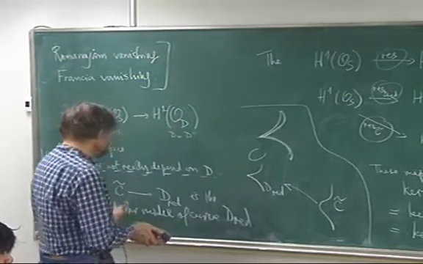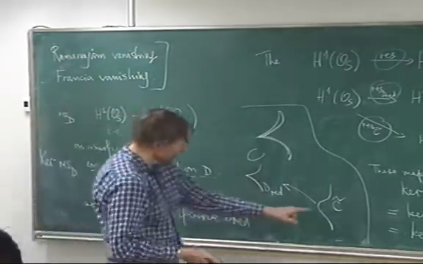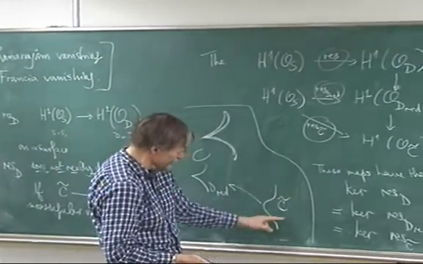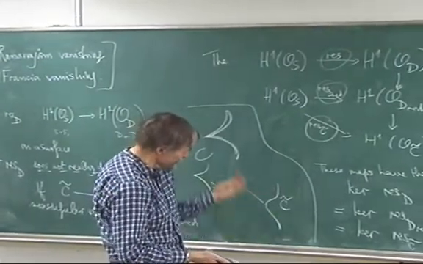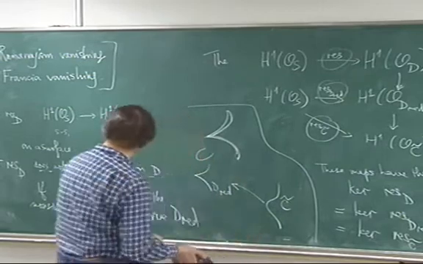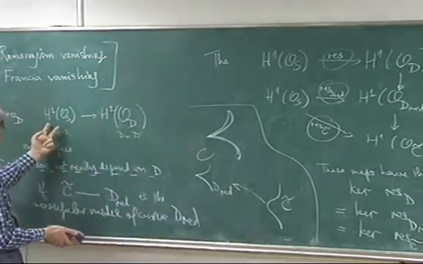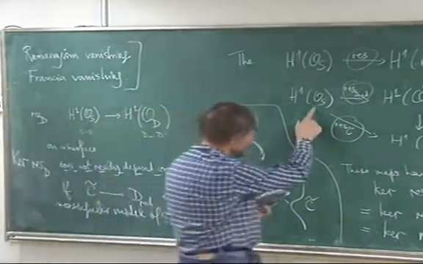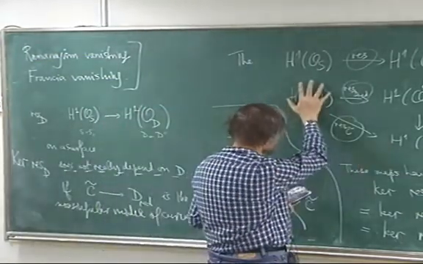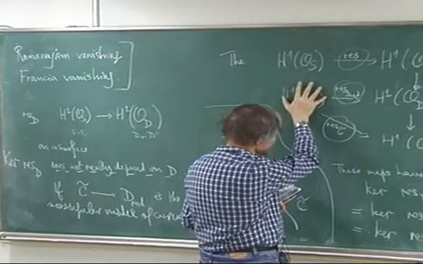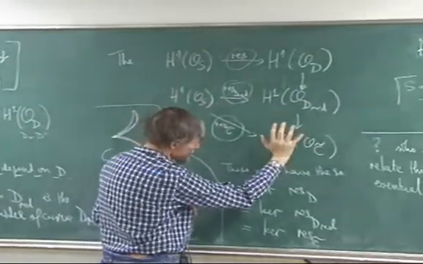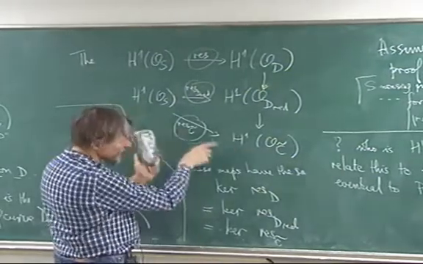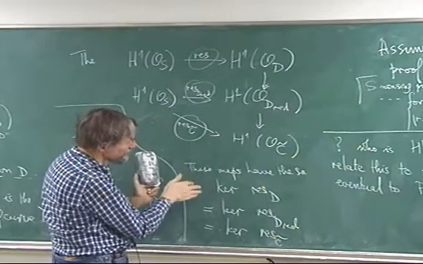So the punchline is that the Jacobian of the curve C is also a complex torus, and I can restrict from one. If I want to take the tangent space to this map, so when I'm looking at this map here, I've got something which is a tangent space to an abelian variety, mapping to the tangent space to another abelian variety, and that's very, very good. That can be any kind of morphism we like.